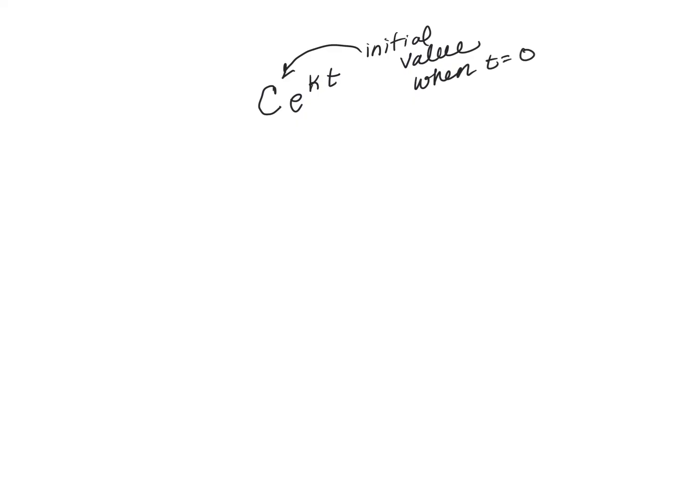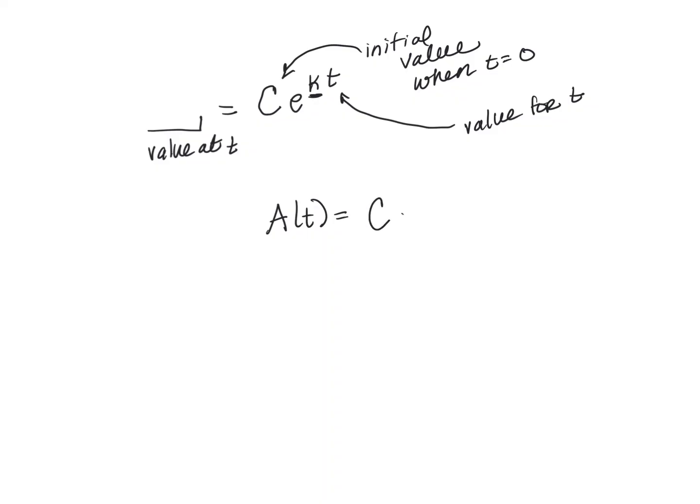And then you solve for K. If you have a value for T, they'll give you a value for T. And they'll tell you that it's equal to some value at T. And so then you solve for the K. And then you rebuild your model so that it is your initial value, the K that you solve for, and T is your variable.